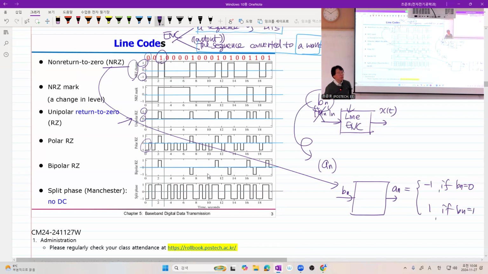So this is the internal mapping rule from B to A, right? No memory there. Just you have input 0, then you have output -1. Input 1, you have output 1. And then, what is P of t in this case?